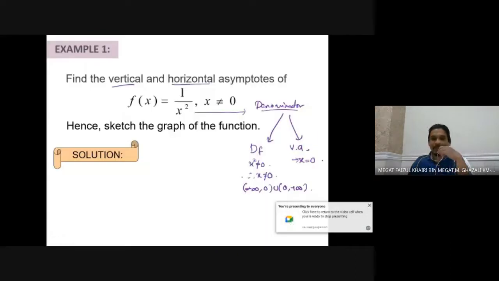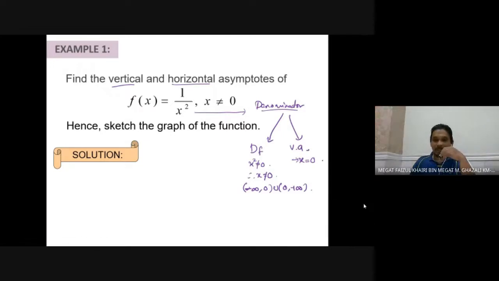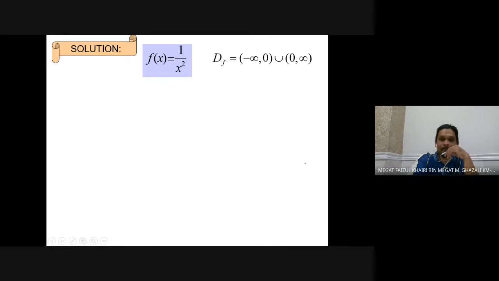Okay, so this is the one now. So from the denominator, it will give us two pieces of information. The first is the domain and vertical asymptote. So the domain is from negative to positive infinity except when x equals 0.